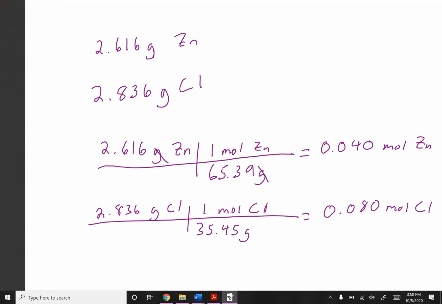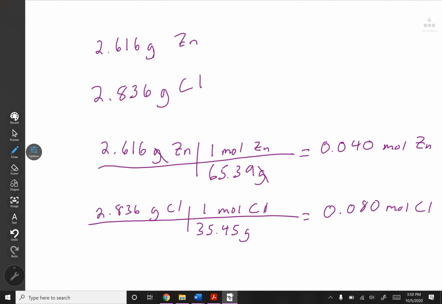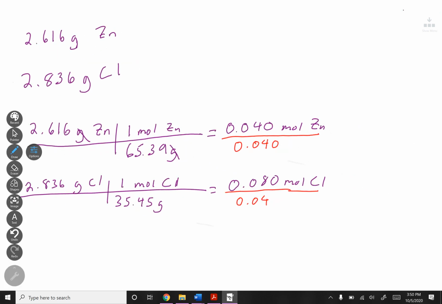So you're looking for the smaller number of moles. I'm going to change colors just for clarity. Now I'll divide both sides by that smaller number, 0.04, so one of them should always equal 1.